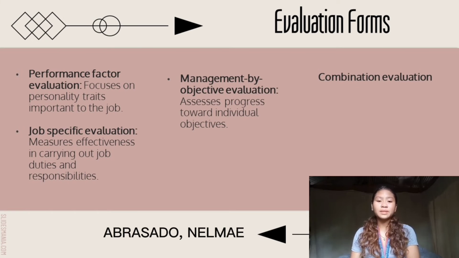Next is job-specific evaluation. Job-specific evaluation is a point system that, through formal and systematic analysis, equalizes the value of each employee group's job in comparison to other jobs. The system tries to make a connection between an employee's contribution to the organization, effectiveness, and the amount of pay they receive.